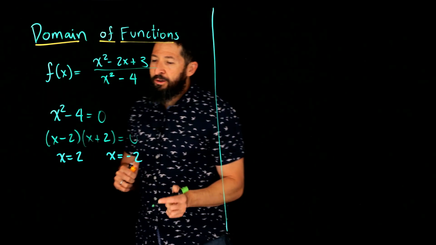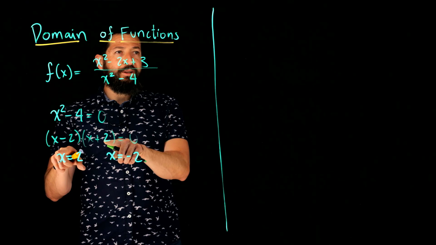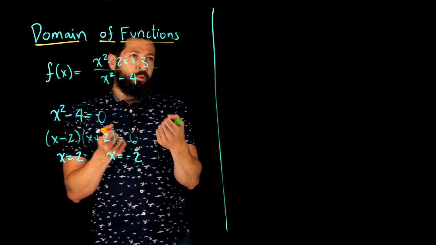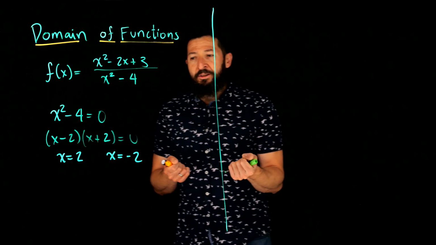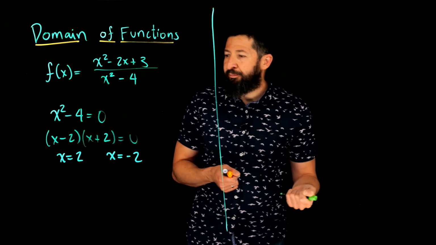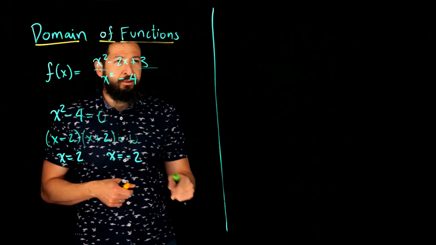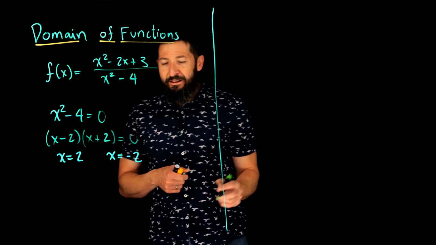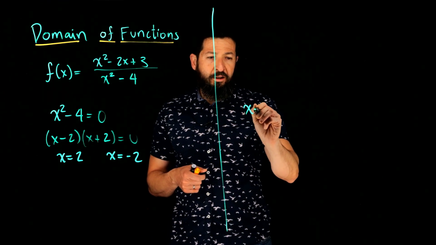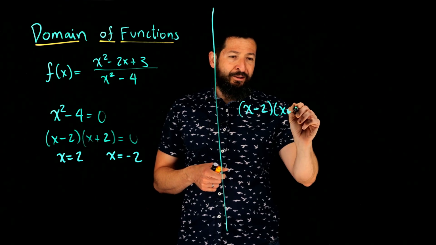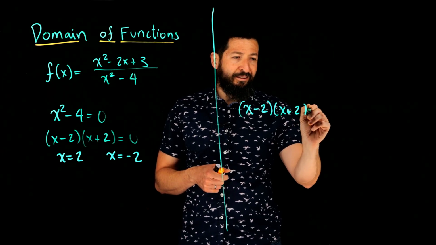Now, word of caution, the way we're solving it, we are factoring and setting a product equal to 0. When you have two numbers that multiply to 0, then you know that at least one of them will be 0. So that's how we say then x minus 2 equals 0 and x plus 2 equals 0. But then often you find that some people, not you of course because you're watching my video, but let's say that you would get something like this.